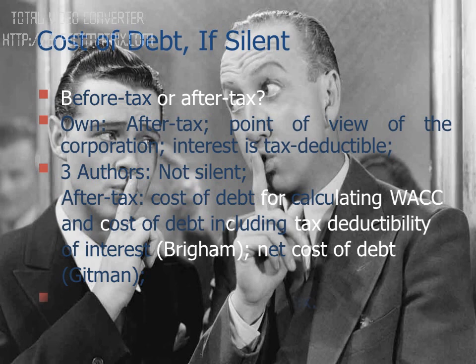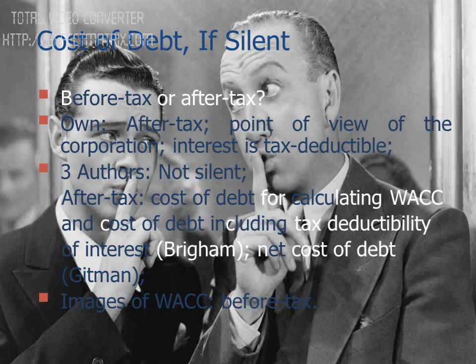But if you Google images of WACC, you can see that when you say cost of debt, it pertains to the before tax, meaning the interest rate. I think the premise of that is in relation to the basic definition of interest, which is the cost of borrowing money. Okay?